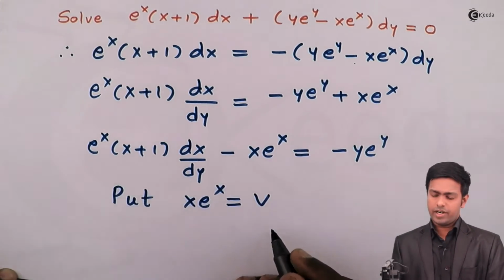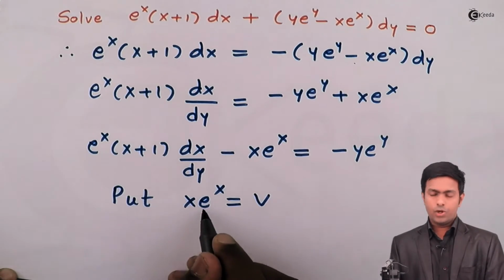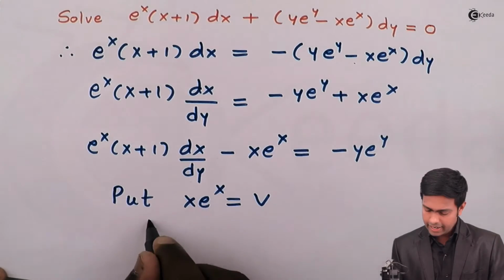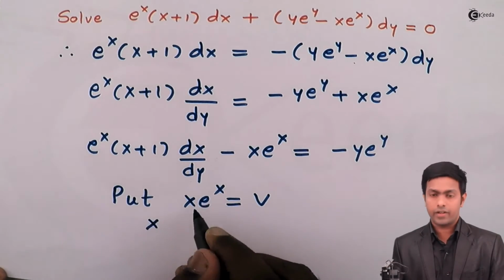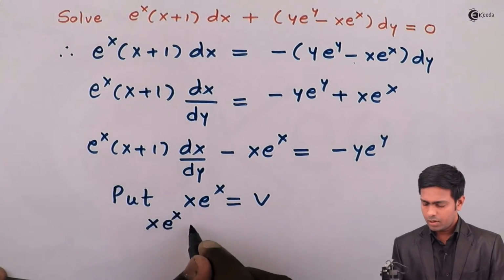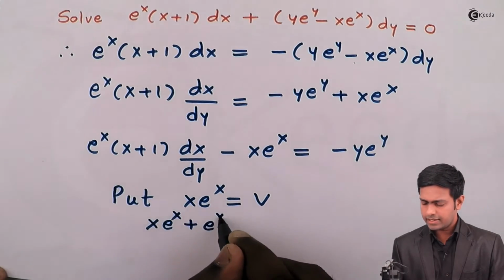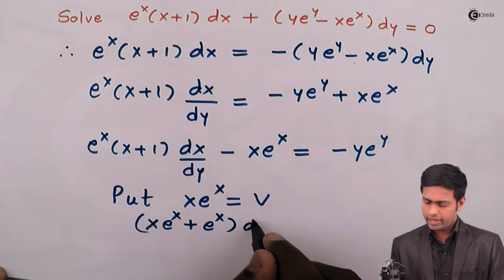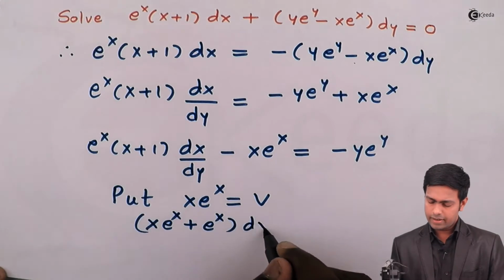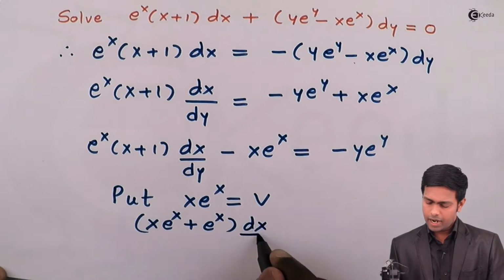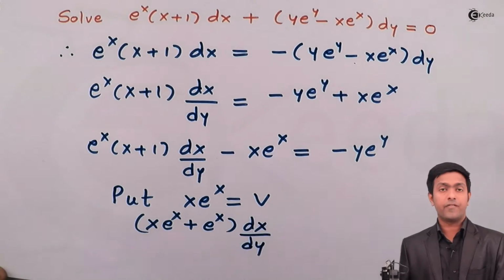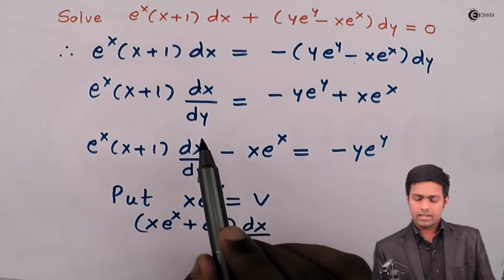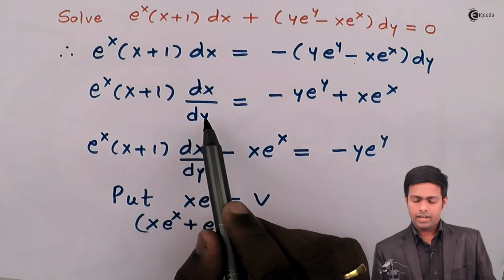So let's find out the derivative. Here I'll apply the UV rule or product rule of derivative. So we will get x as it is, the derivative of e^x is e^x, plus e^x as it is, the derivative of x is 1, into dx, so dx/dy, because I'm differentiating with respect to y, because you can see here that we have dy in the denominator.